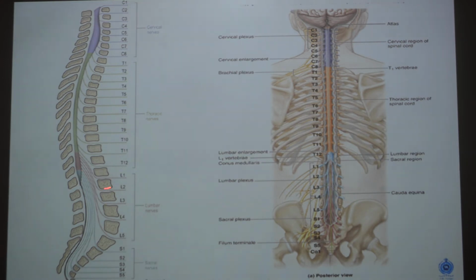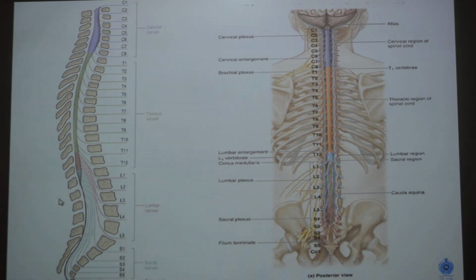From the conus medullaris, you can see a fibrous structure coming out, which is going to go to the tip of the coccyx, and this fibrous structure is called filum terminale. So now you know what is conus medullaris. Okay.